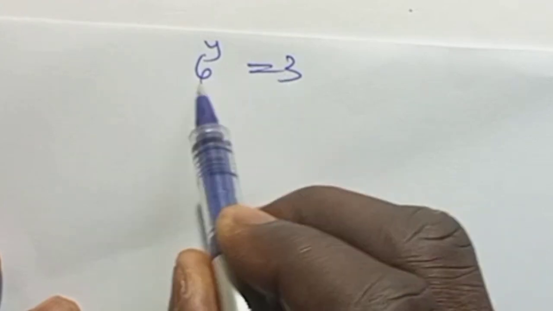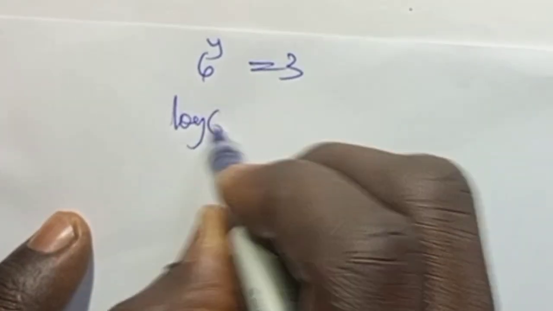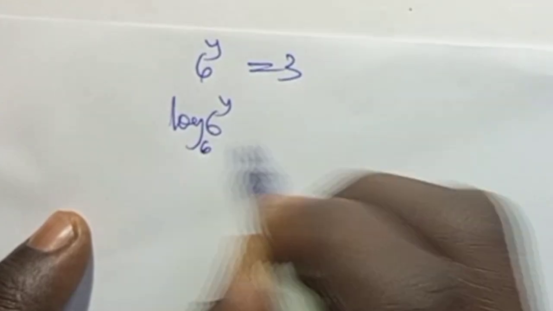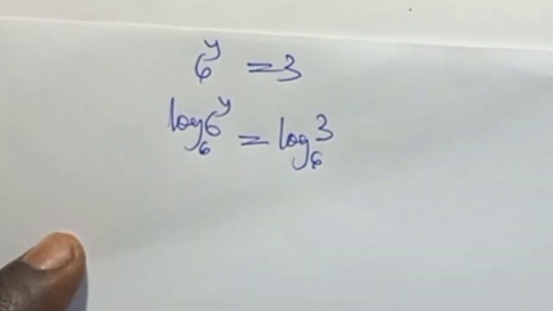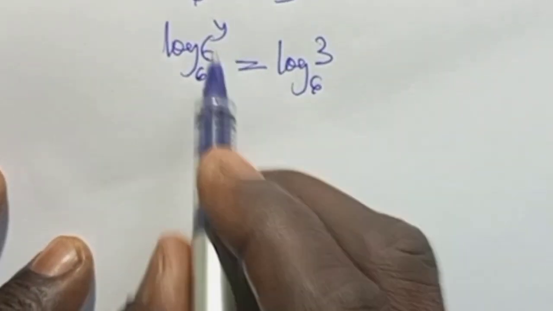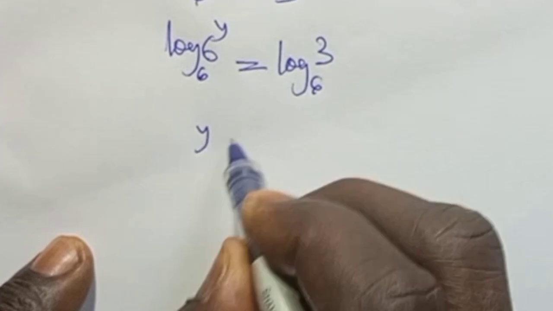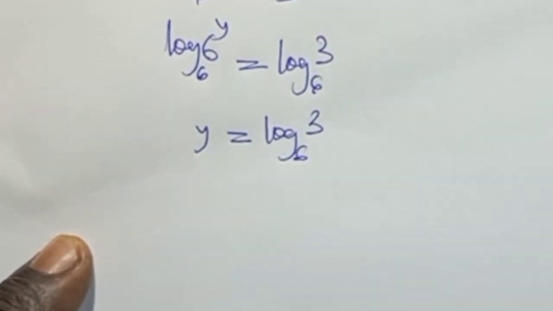So in the next line, we're going to take the log of both sides to base 6. That is, log 6 power y to base 6 equals to log 3 to base 6. And you know log 6 to base 6 is 1. So what will be left on the left hand side will be y equals to log 3 to base 6.